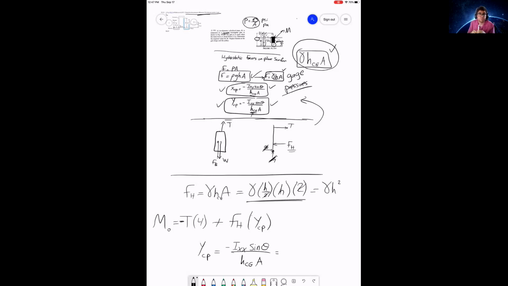If sine theta is 0, YCP will be 0. Wait, what's the angle for this gate? It's vertical. So if you have a vertical gate, what's the angle? Oh, 90. Exactly. So sine of 90 degrees is 1.